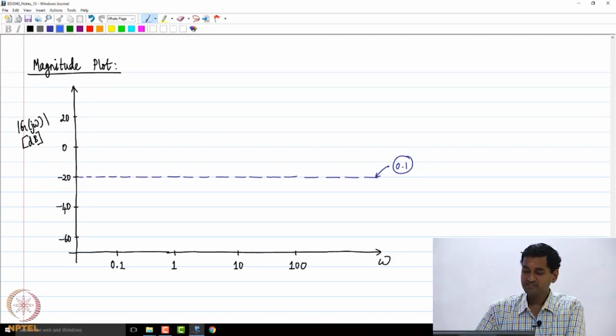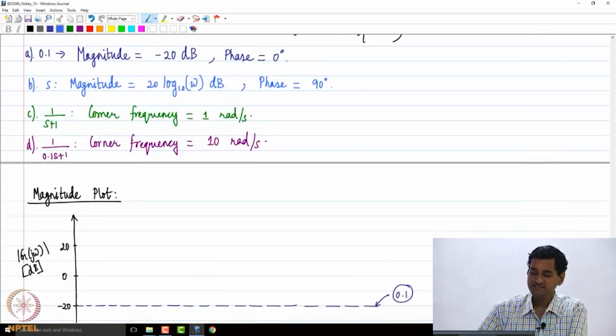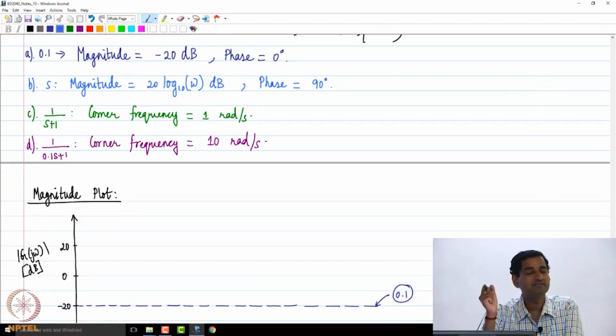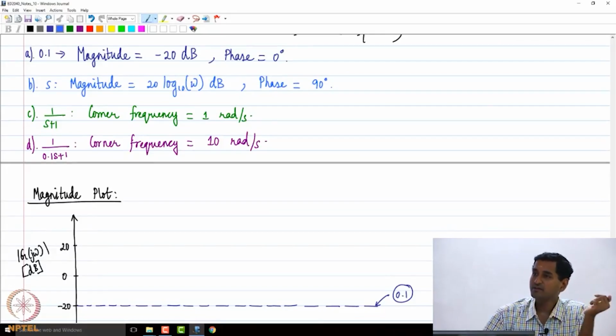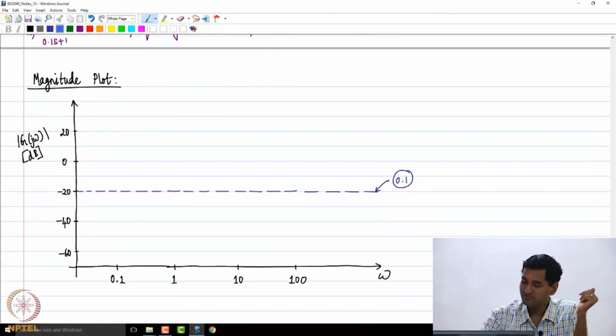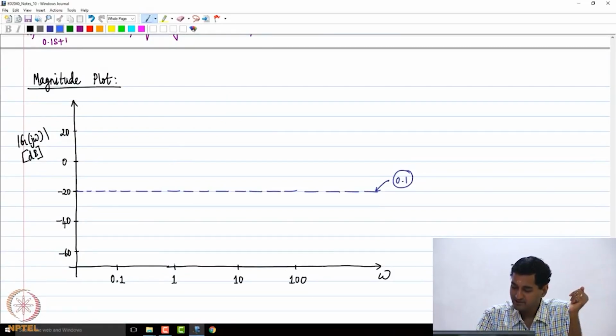Now, what happens to the next factor? The next factor is S. So, that essentially has a magnitude plot of a straight line with a slope of plus 20 decibels per decade. If you recall what we had, for S the magnitude is 20 log to the base 10 omega. So, at omega equals 1, what is the value of this particular magnitude?